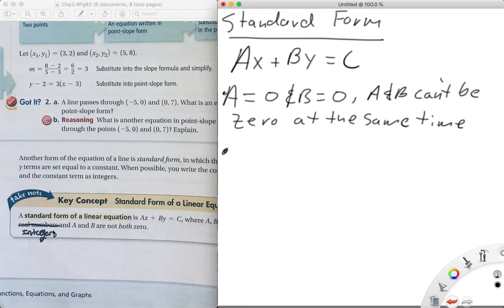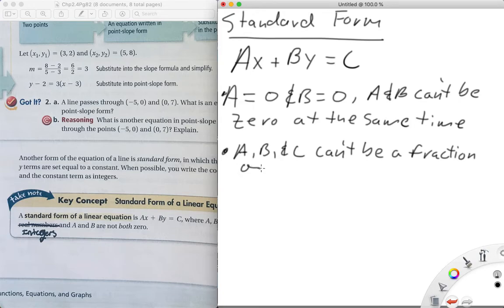So here's why we say integers. A, B, and C can't be a fraction or decimal.